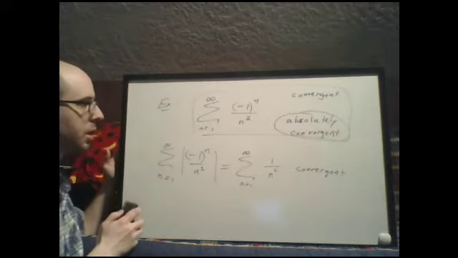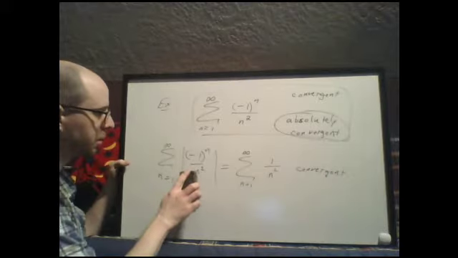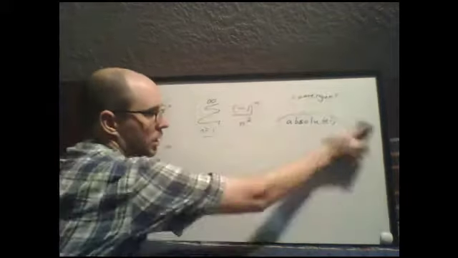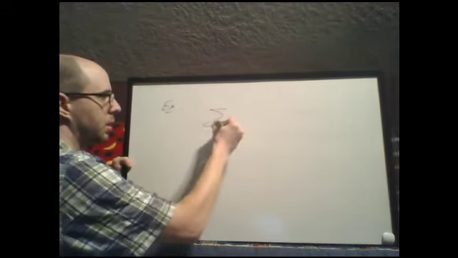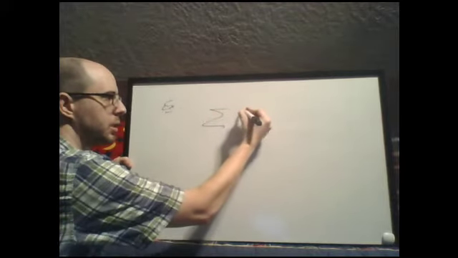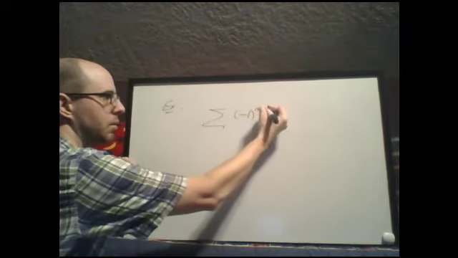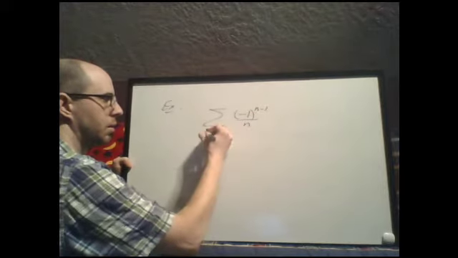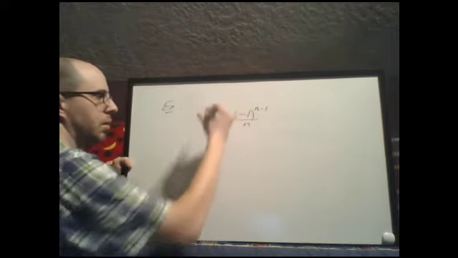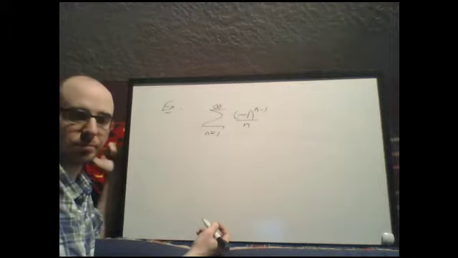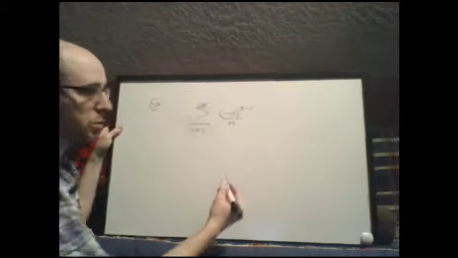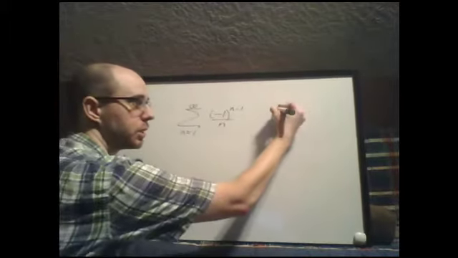Okay, so let's look at a similar example. I guess I'll just rewrite it. If we did the same thing with the alternating harmonic series, negative 1 to the n minus 1 over n. That's an alternating p series with p equals 1. That's convergent.